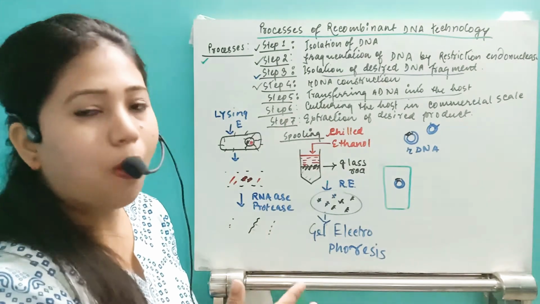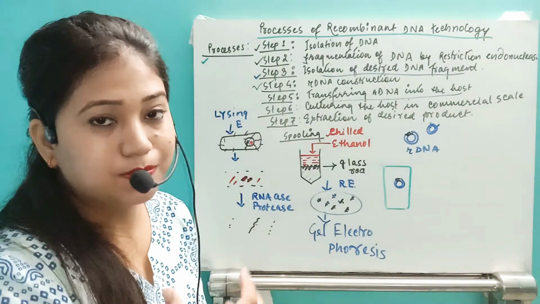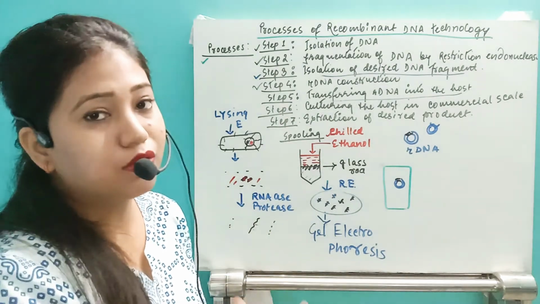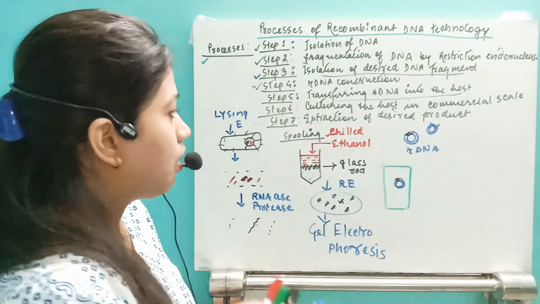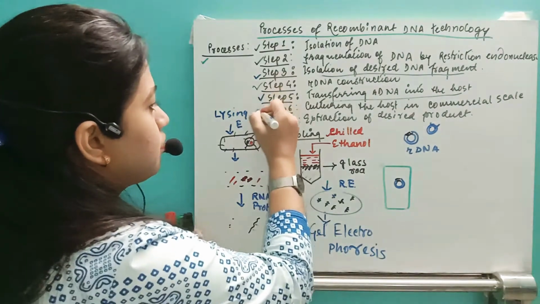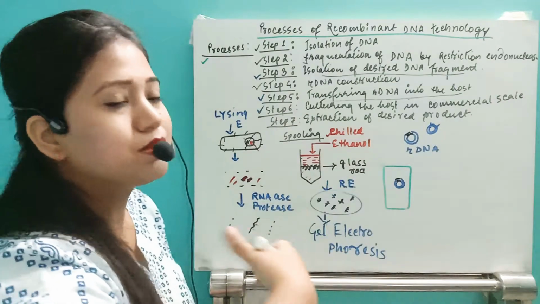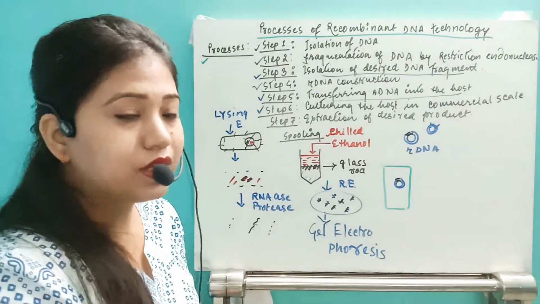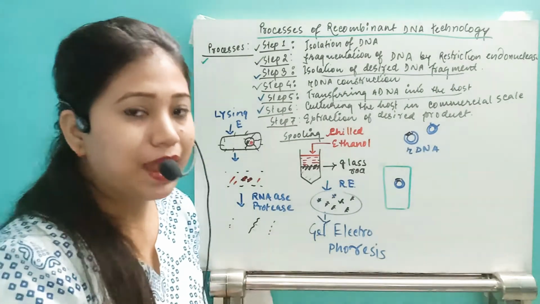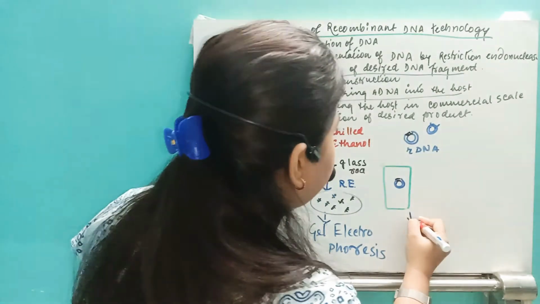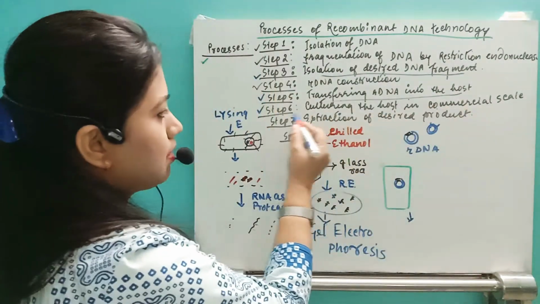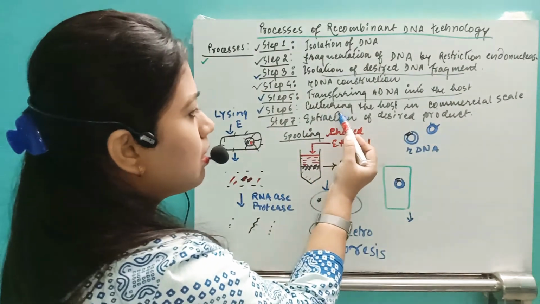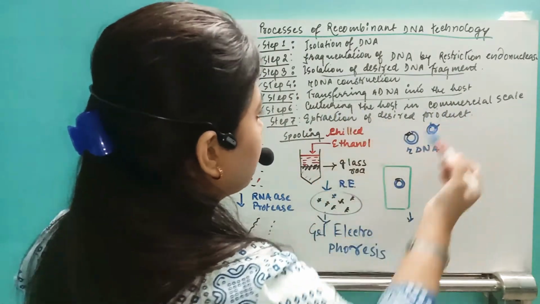Now after that, this recombinant host, we have made one, isn't that? Suppose for commercial purposes we want a specific product, then we can go for commercial use. So how can we make more quantities out of this recombinant host? We need to add it to a bioreactor. So the next step, step 6, is culturing the host on a commercial scale.